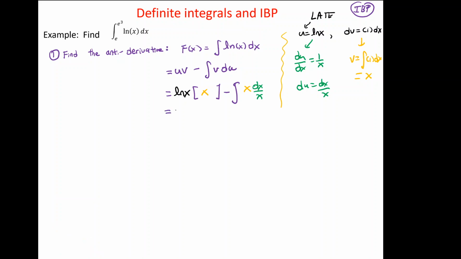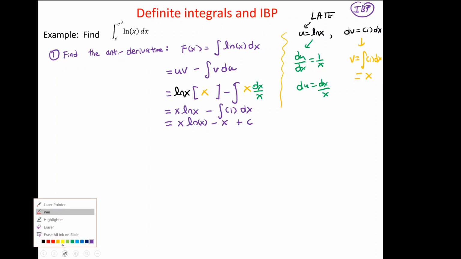That's kind of nice. We got an x times ln of x for the first term, minus the antiderivative of 1 with respect to x. Again, x over x is 1. And the antiderivative of 1 is just x. Antiderivative of 2 would be 2x. Antiderivative of 7 would be 7x. You get a plus c.